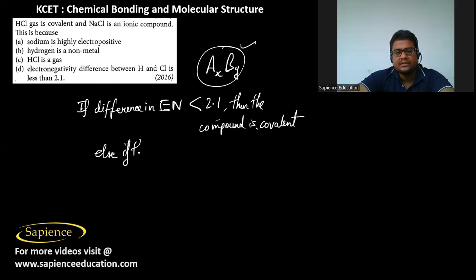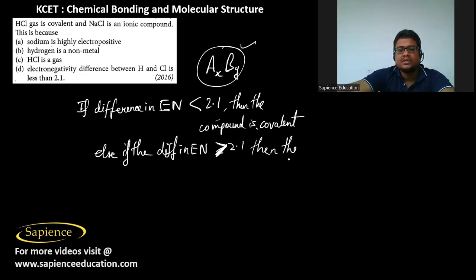Else if the difference in the electronegativity is more than or equal to 2.1, or simply more than 2.1, then the compound is an ionic compound. Then the compound is ionic.